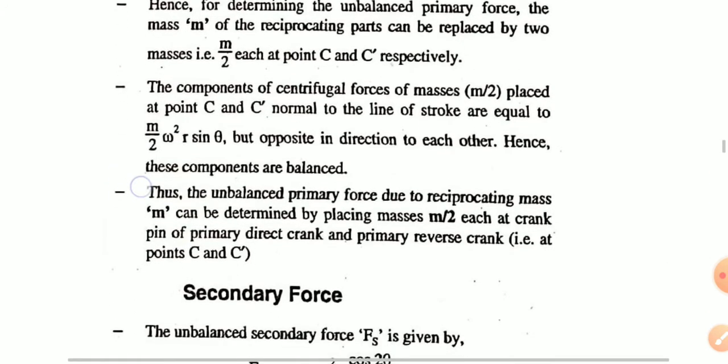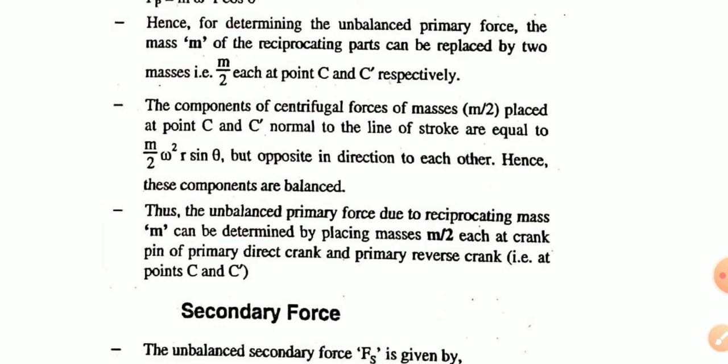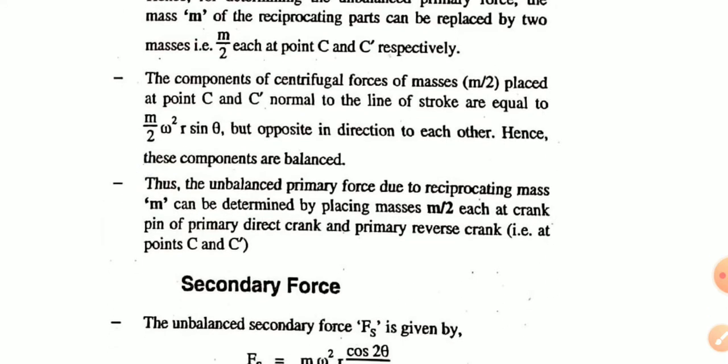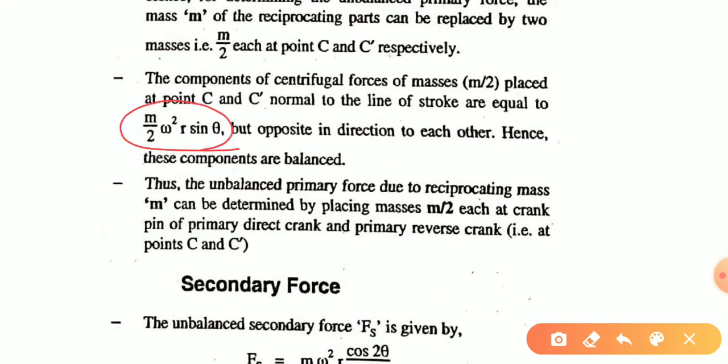So for determining the unbalanced primary force, the reciprocating mass m can be divided into two parts, m by 2. The centrifugal forces placed at C and C dash normal to the line of stroke are equal to m by 2 omega square r sin theta, but in opposite directions, and the components are balanced.